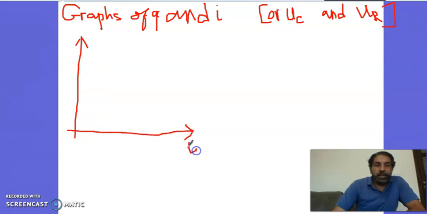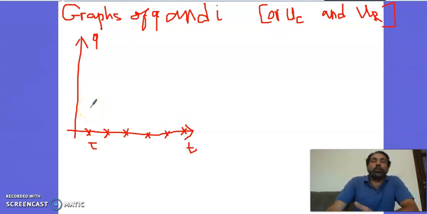Let's draw the graph here. This is the time, and this is Q. Okay? I'm going to take this scale, tau, 1 tau, 2 tau, 3 tau, 4 tau, 5 tau, etc. And I want you to express or take the scale on the y-axis in terms of percentage.